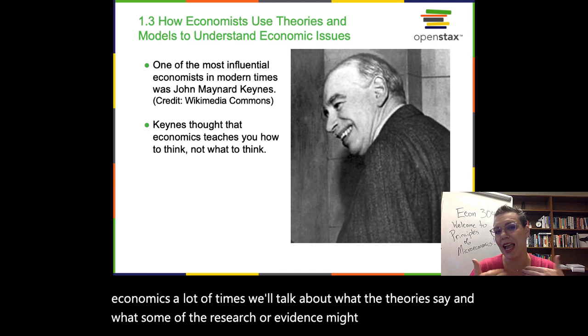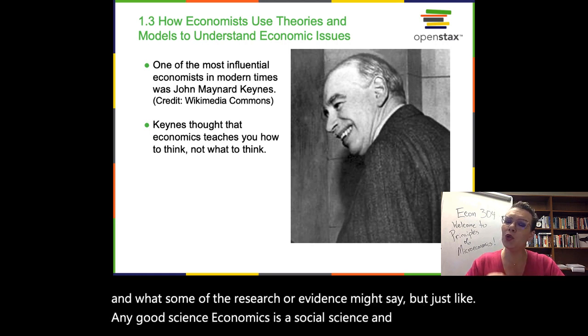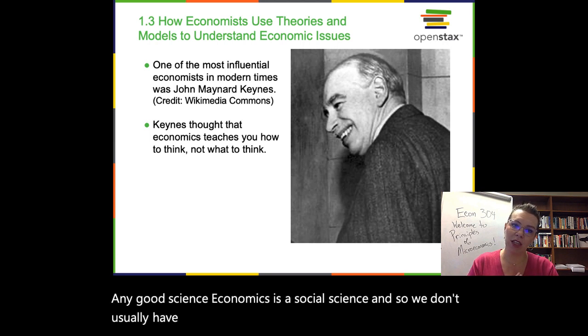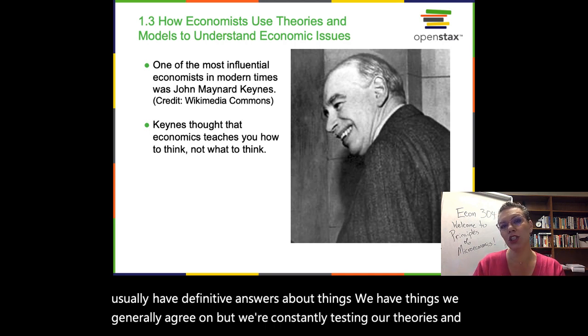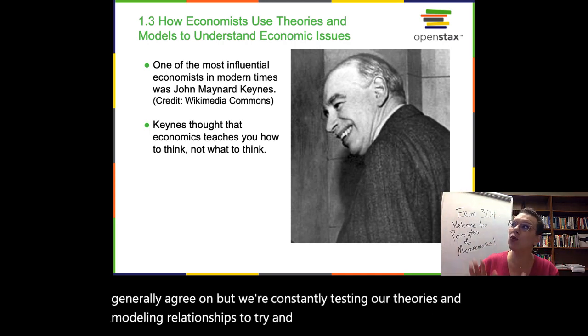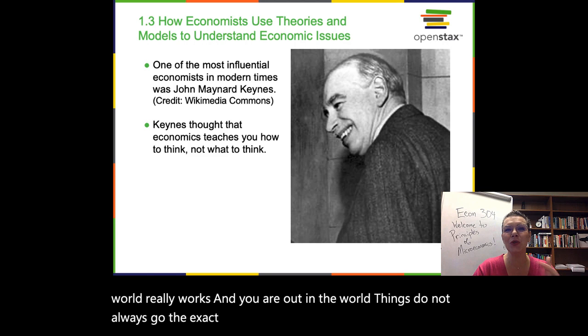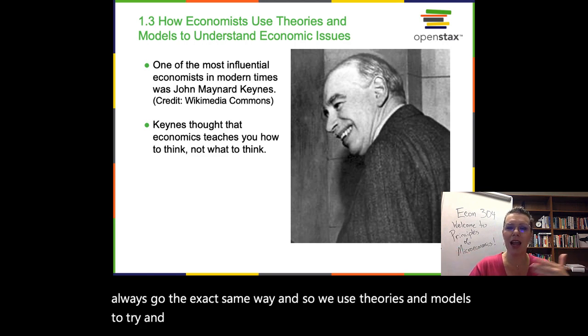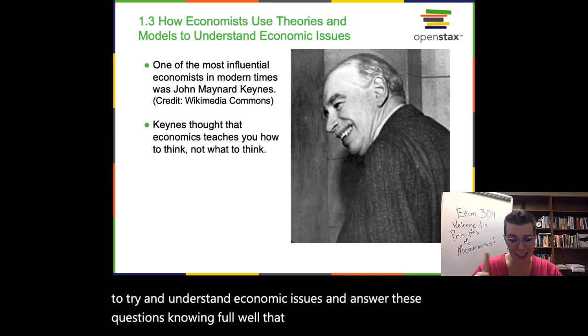But just like any good science, economics is a social science, and so we don't usually have definitive answers about things. We have things we generally agree on, but we're constantly testing our theories and modeling relationships to try and get a better sense of how the world really works. And you know, you are out in the world. Things do not always go the exact same way. And so we use theories and models to try and understand economic issues and answer these questions, knowing full well that there might not be just one answer.